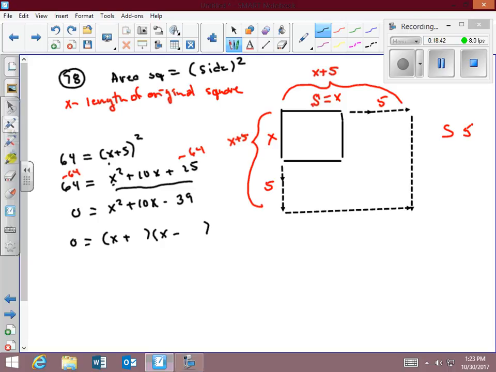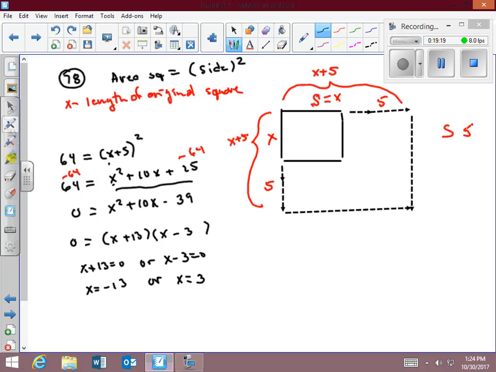So what two numbers times itself is 39, whose difference is 10? 13 and 3. So what's positive, 13 or 3? 13 is positive and the 3 is negative. Now we apply the principle: x plus 13 equals 0, or x minus 3 equals 0, so x equals minus 13, or x equals 3.